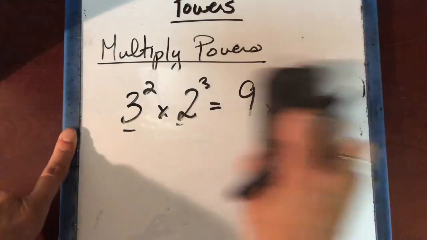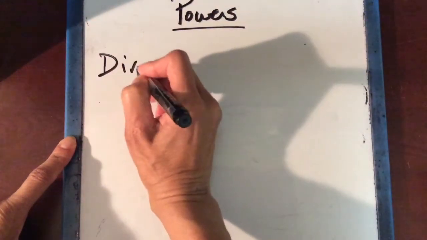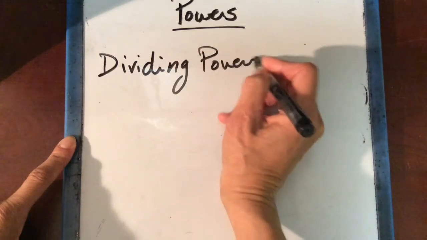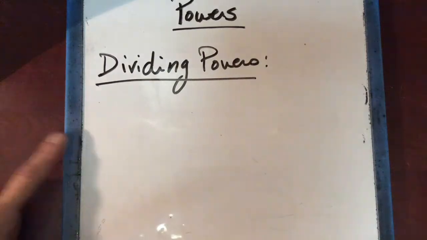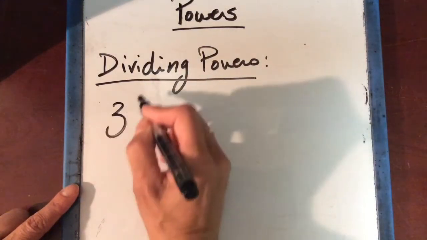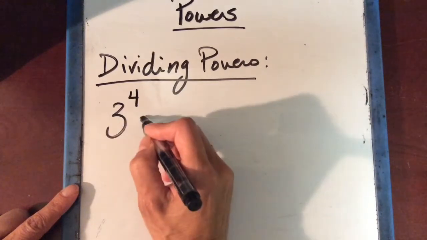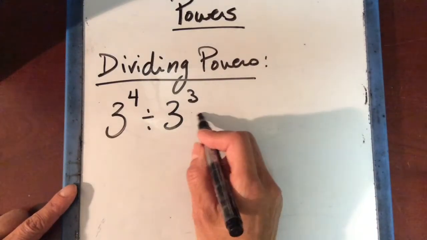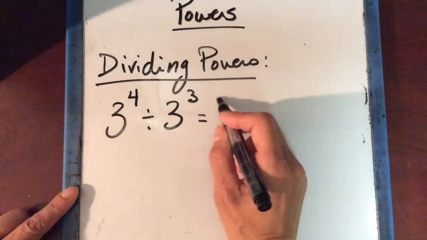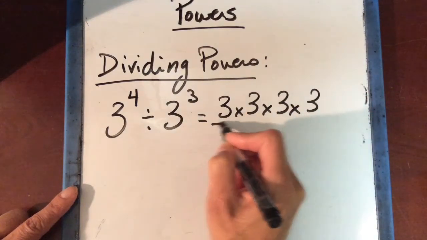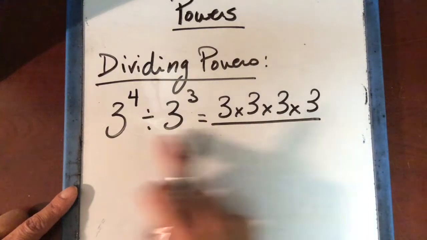Let's try to do the division of powers and find out what that is about. Dividing powers. Now, dividing powers, let me show you something. If I have 3 to the exponent 4 divided by 3 to the exponent 3, and I wrote it out in expanded form, 3 times 3 times 3 times 3, and I divided it, and this is a division just as this one is.